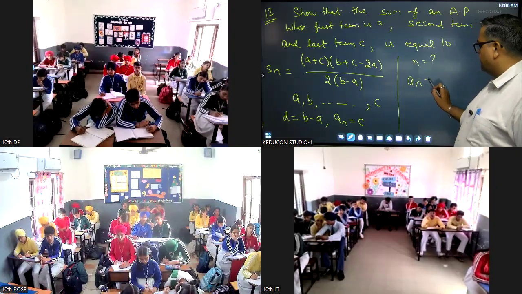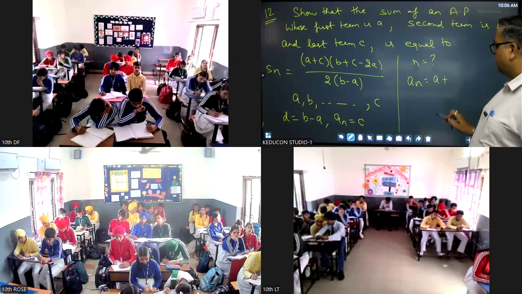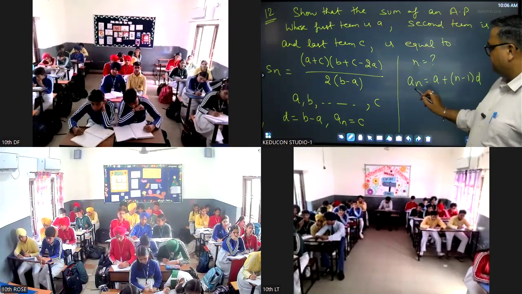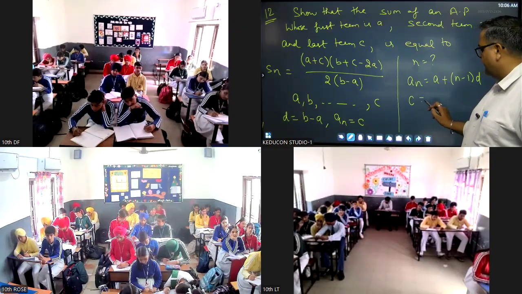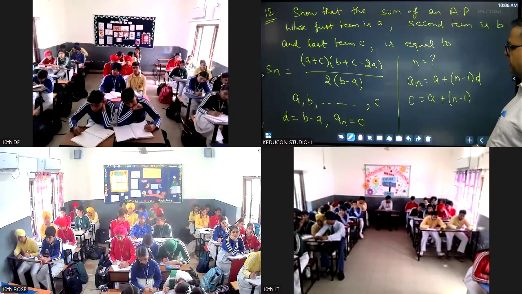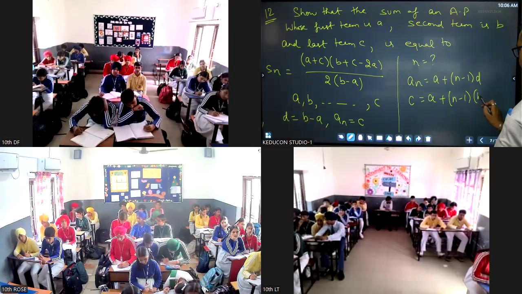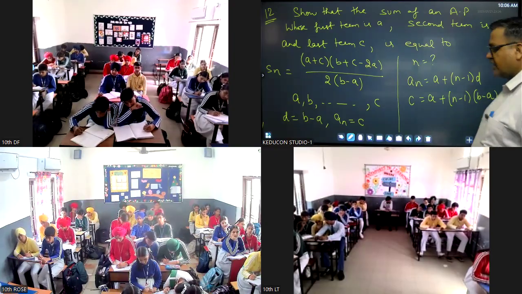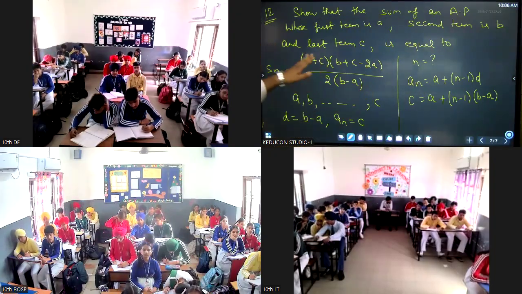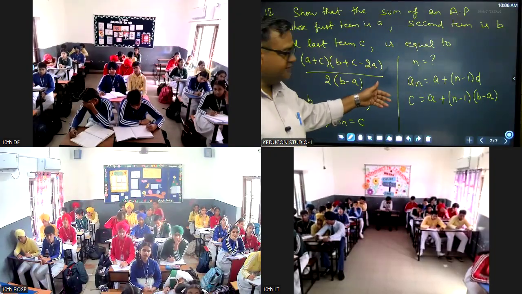An equal to A plus N minus 1 into D. What is An? C. So C equals A plus N minus 1 into D, where the value of D is B minus A. Any doubt, students? You need to understand the question carefully.